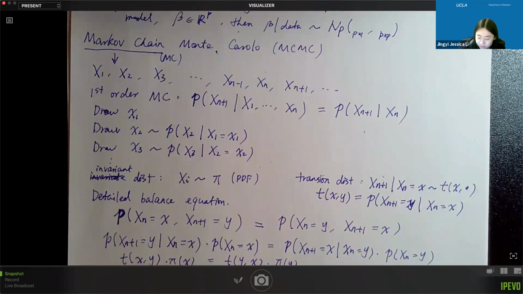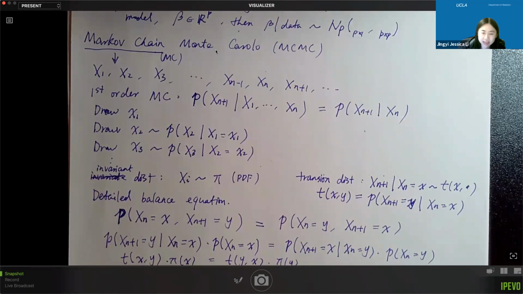Okay. So coming back to the MCMC. Last time we talked about how to sample from a univariate distribution, which means the distribution is for a one-dimensional random variable. We talked about the simplest case where you know the CDF of the distribution.